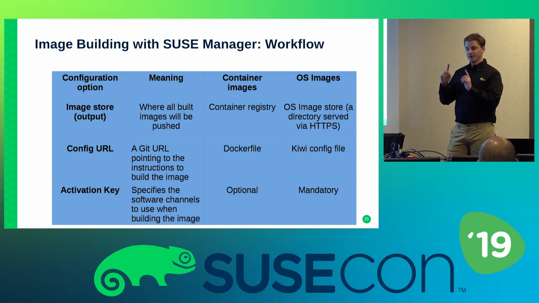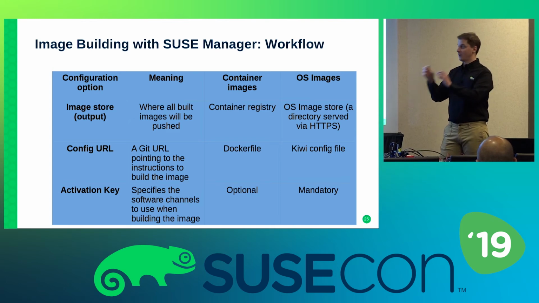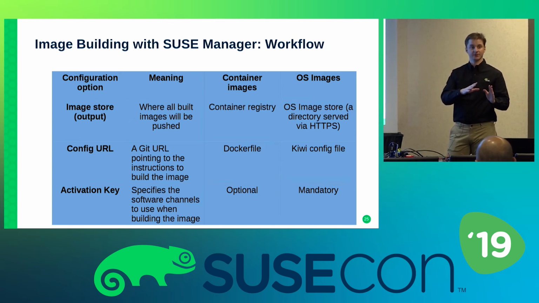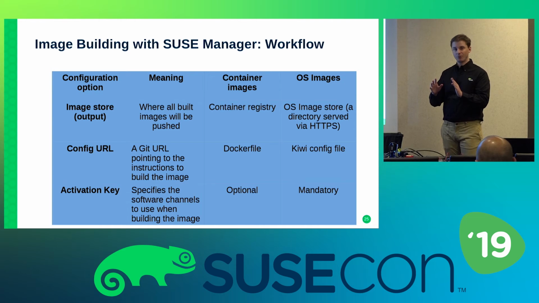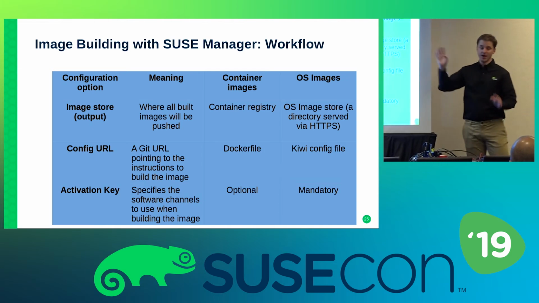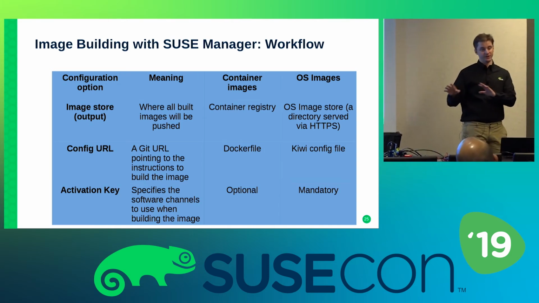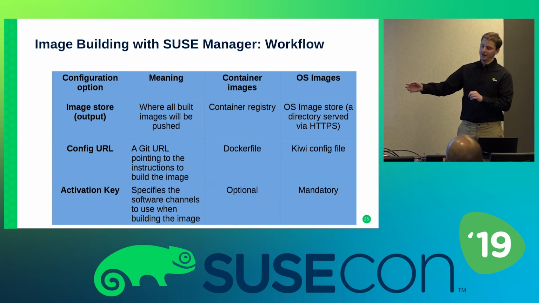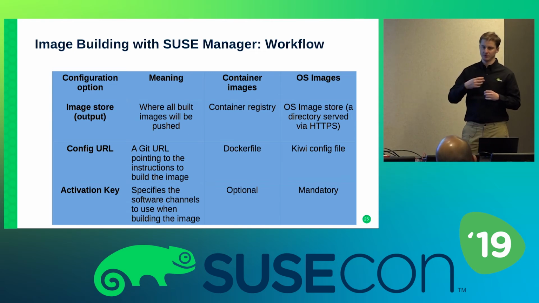It just fetches the images from the worker and copies them on the SUSE Manager side. So the dirty work is done by the minion and not by SUSE Manager. SUSE Manager only serves the image. As soon as the minion has completed building the image, SUSE Manager fetches it from the minion and serves it. Okay?